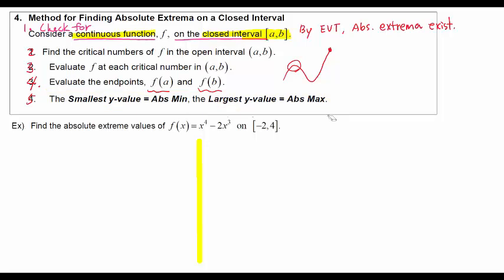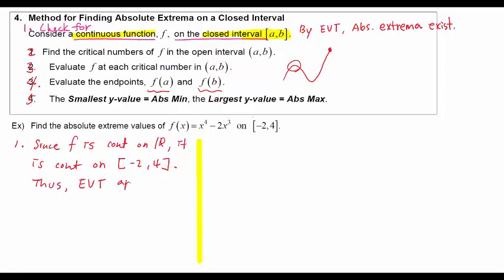Find the absolute extreme values of f of x equals x to the 4th minus 2x cubed on the closed interval negative 2 to 4. Step 1: since f is continuous on R because it's a polynomial, it is continuous on this closed interval negative 2 to 4, and you already put the closed interval there, thus EVT applies.